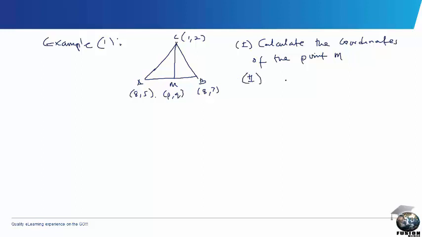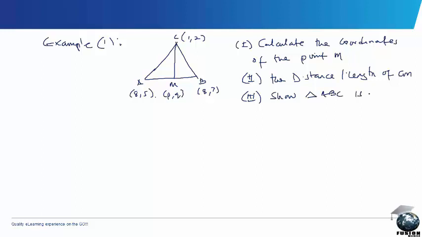Number 2, find the distance or length of CM. And number 3, we have to show that the triangle ABC is a scalene triangle.